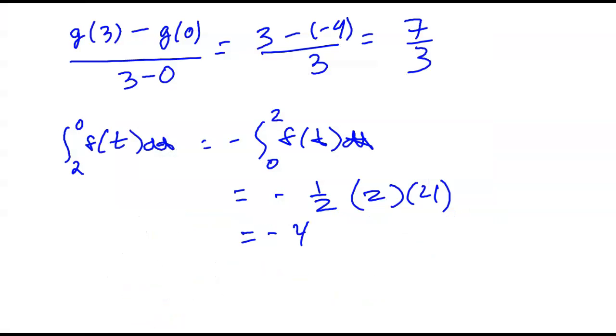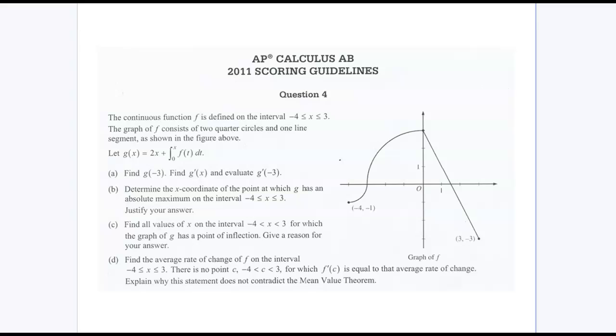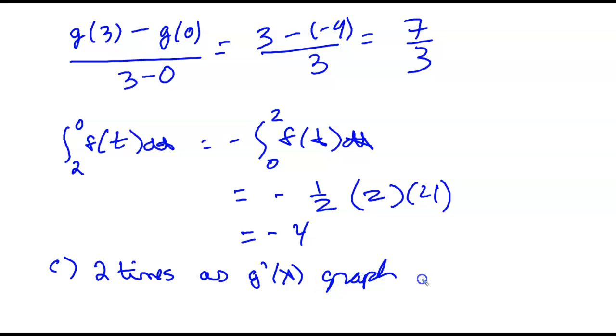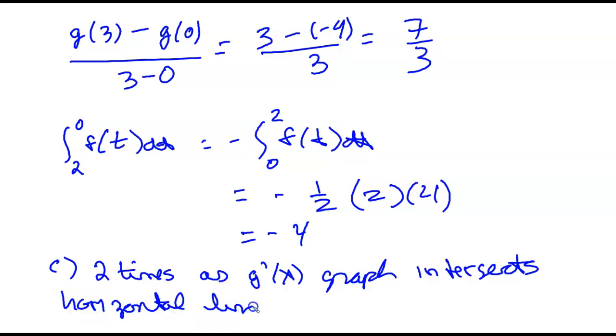So therefore, for part C, we would say 2 times, as the g prime of x graph intersects the horizontal line y equals 7/3 twice.